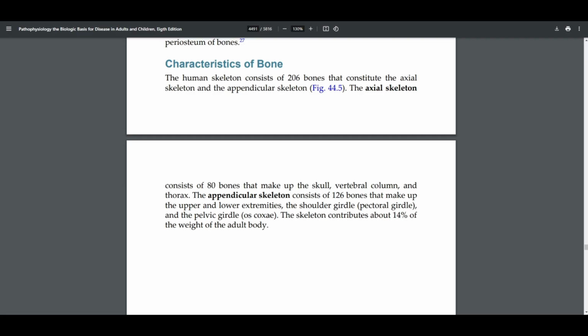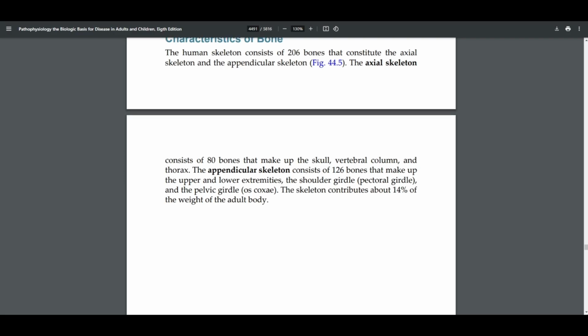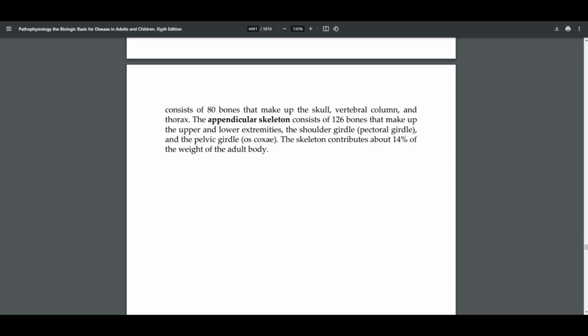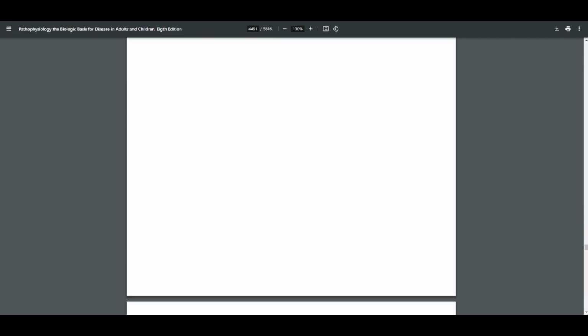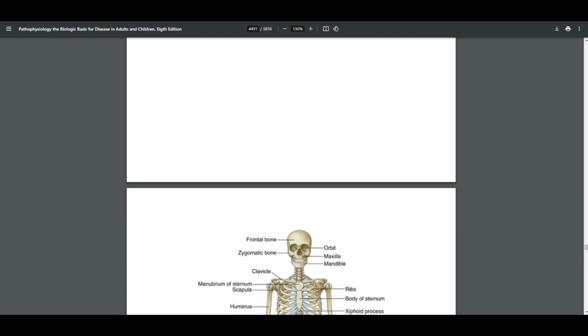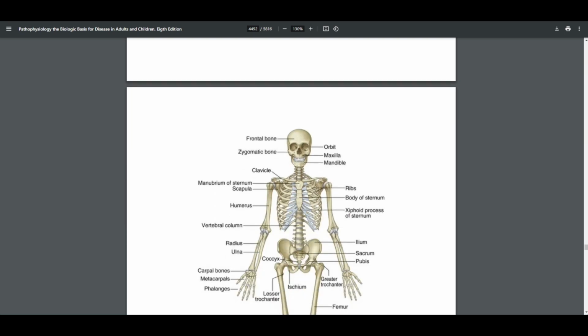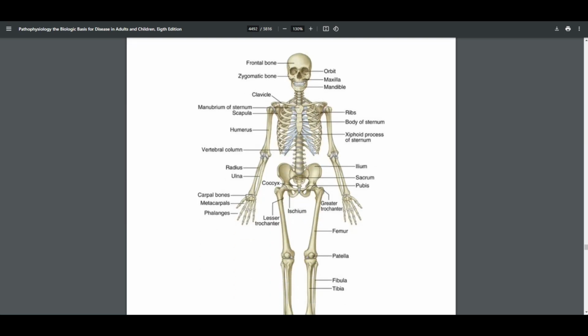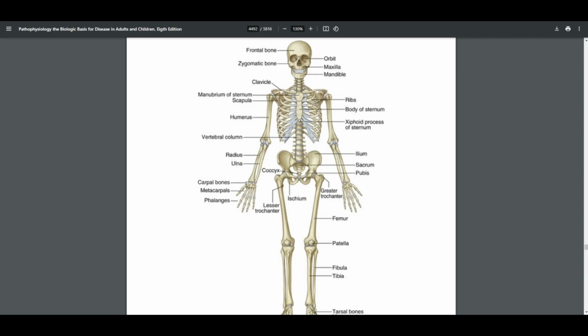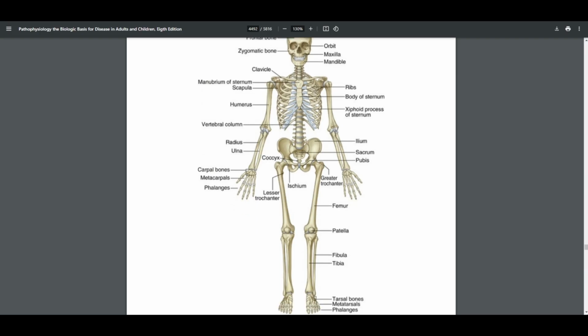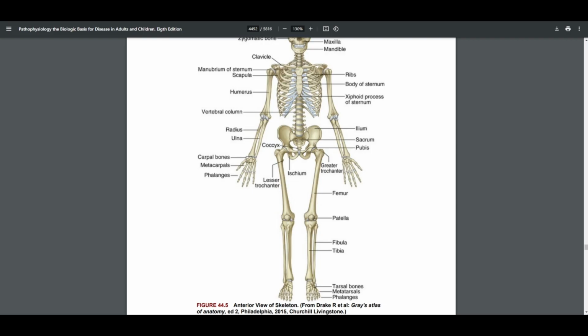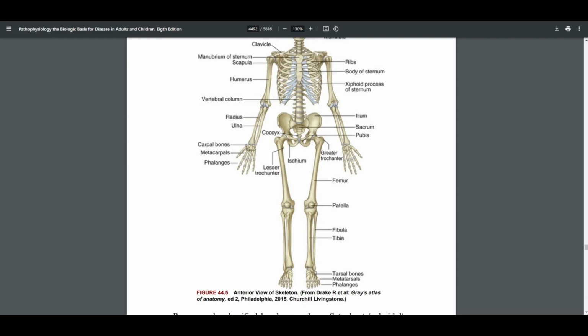The skeleton contributes about 14% of the weight of the adult human body. So, if you really need an anatomy refresher, hit pause here and you can look at the major bones of the body.